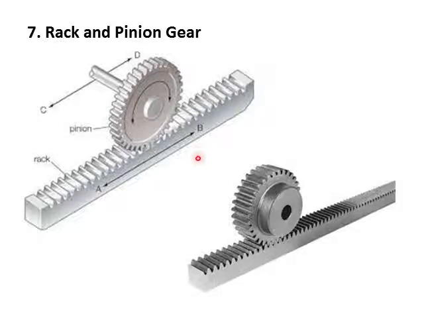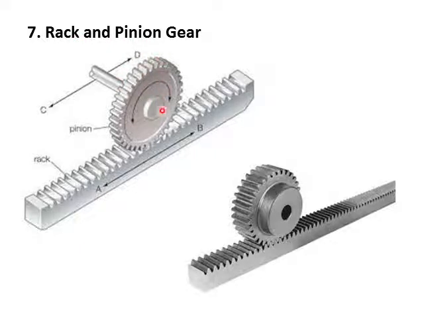A very special type of gear assembly exists when we have to transmit power and also want to change the mode of motion from rotation to translation. Then we can use the rack and pinion gear.